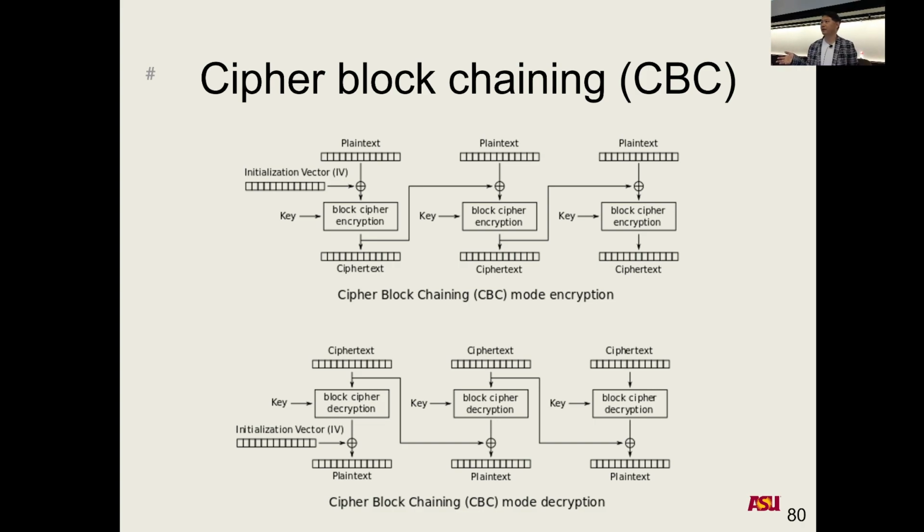So we cannot predict, because the plain text may be A here and also A here, but they make different output. Why? Because of the chaining between the rounds. Make sense? So chaining gives us randomness in a CBC mode.